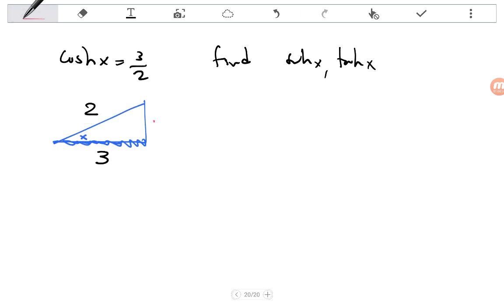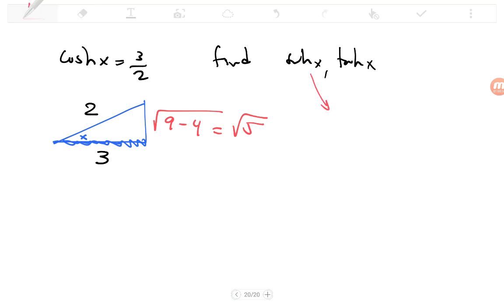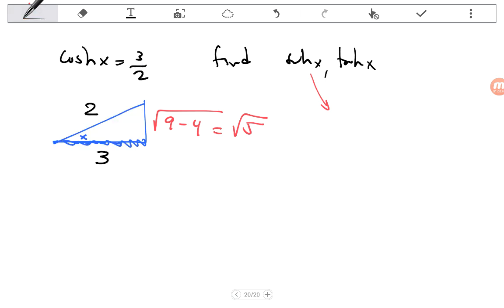Now how would I complete the triangle? Yes, treat the adjacent as if it was the largest side. It is 9 minus 4, it will just be root 5. So what is sine? The sine will be root 5 over 2, and the tan should be root 5 over 3.